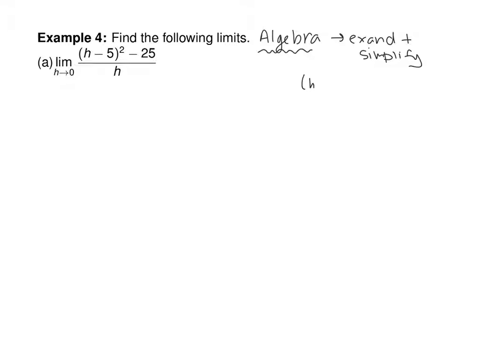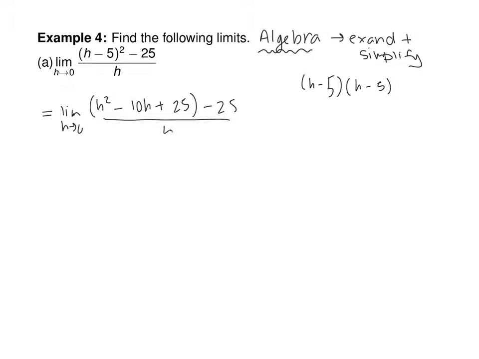So what is h minus 5 times h minus 5 equal to? h squared minus 10h plus 25, and then minus 25, all over h. Does that make sense? Factor an h out. And yeah, the 25s cancel, right? So that becomes the limit as h goes to 0 of h squared minus 10h over h.